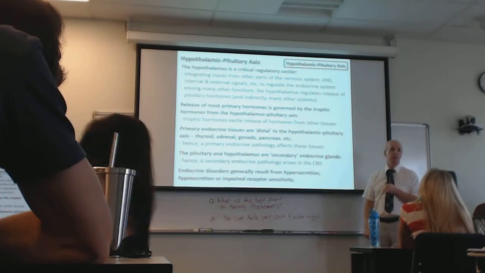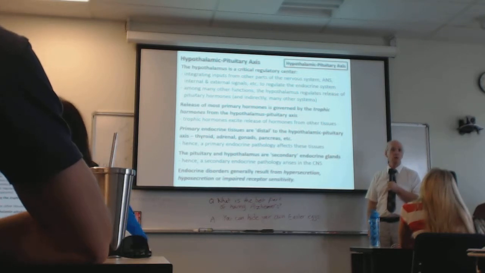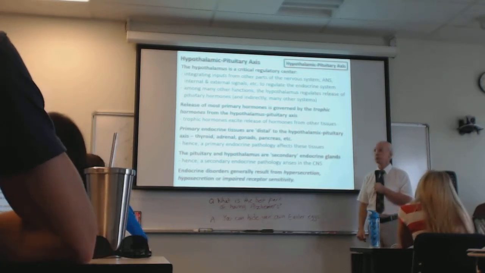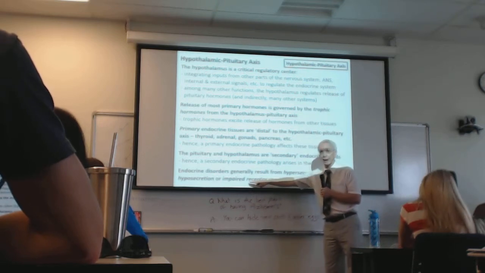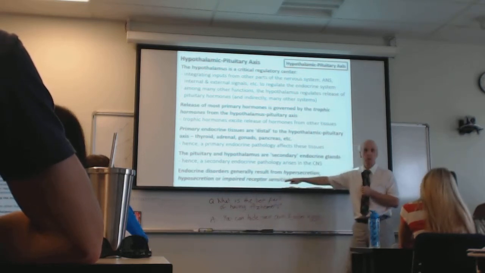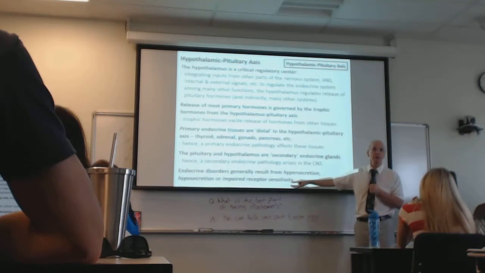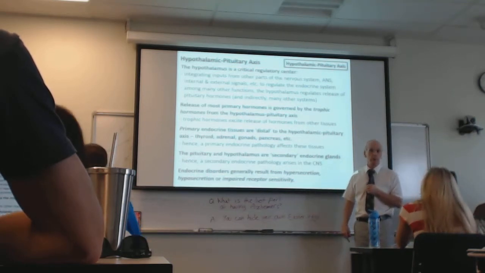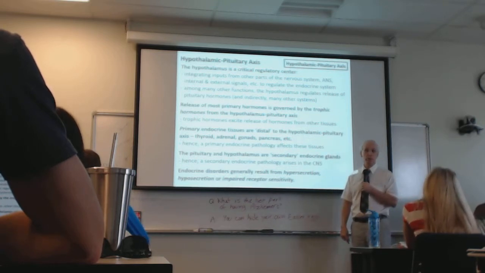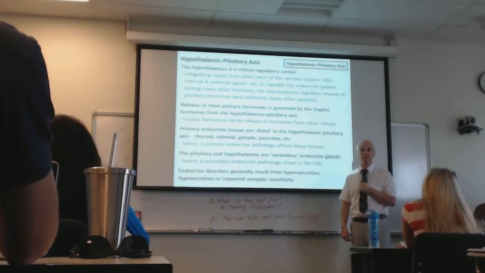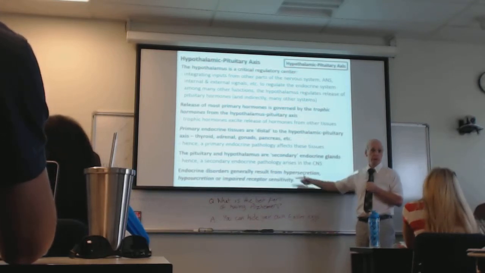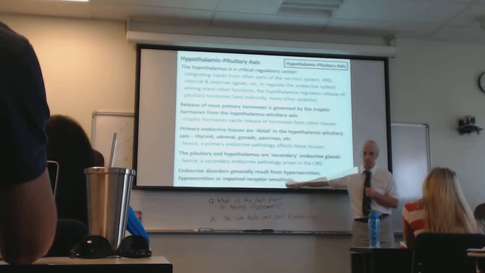This happens, for example, in type 1 diabetes. What's the hormone that's missing there? Insulin. Or there could be adequate amounts of primary and secondary hormone, but an inability of the cells to respond to the hormone. And this is quite common too. This would be type 2 diabetes to some extent. There are a number of diseases you're going to talk about. Many other types of renal diabetes involve this type of problem.